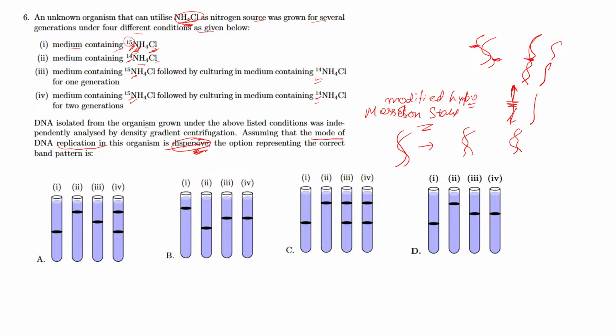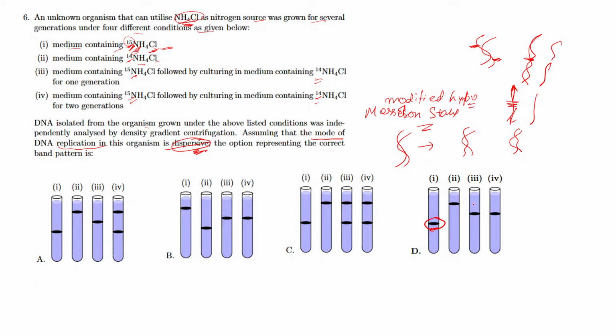So directly I will consider, let's suppose, NH4Cl with the 15th isotope. So I will directly get a heavy band because I have grown it for multiple generations. And here the number of generations replicated is also not mentioned. So I'll get a heavy band over here.